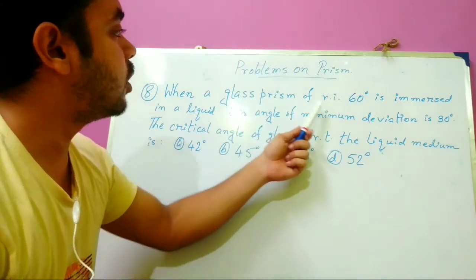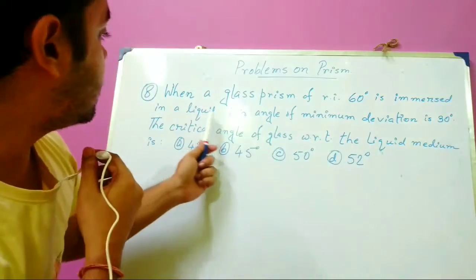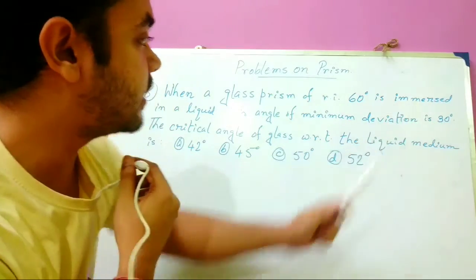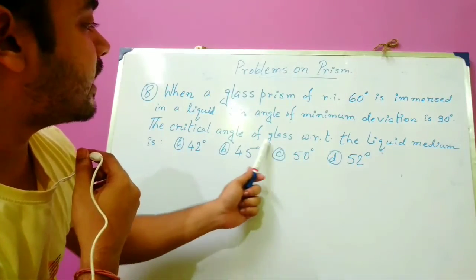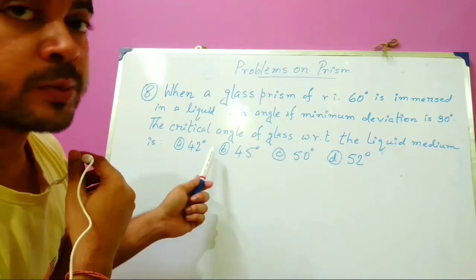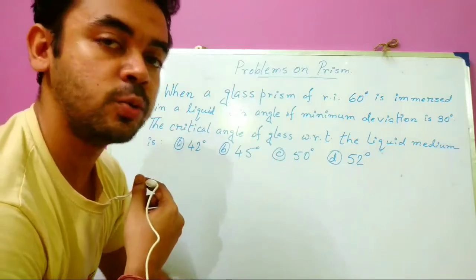When a glass prism of angle 60 degree is immersed in a liquid, its angle of minimum deviation is 30 degree. The critical angle of the glass with respect to the liquid medium is? Four options are given: 42 degree, 45 degree, 50 degree or 52 degree.